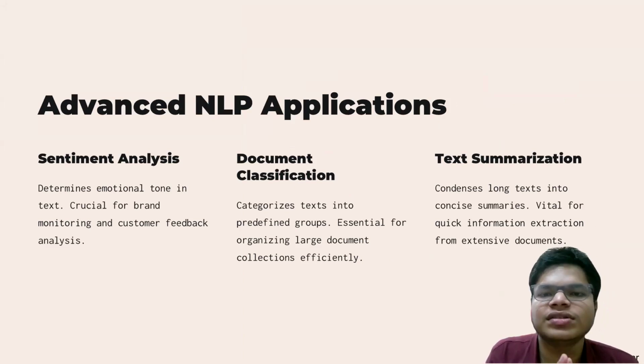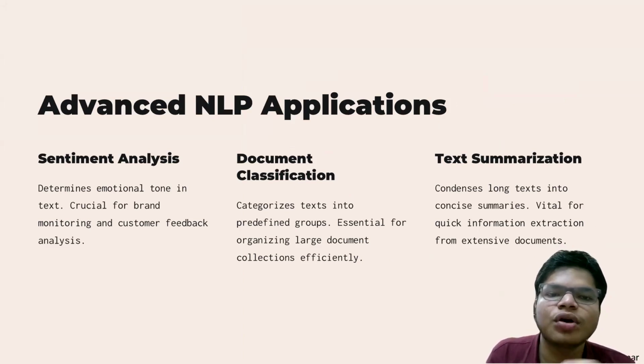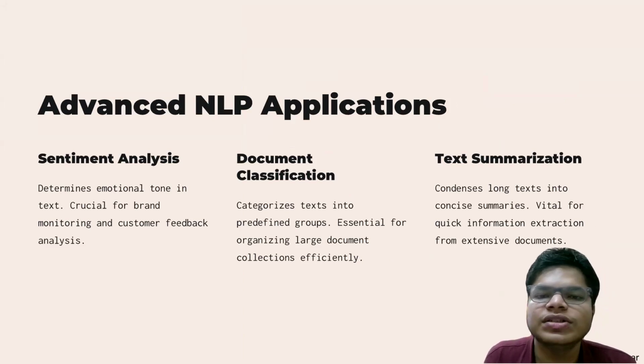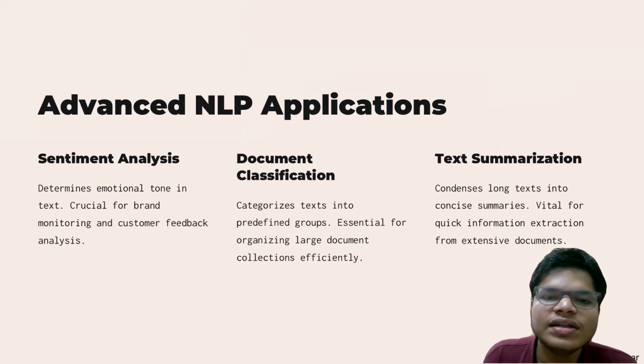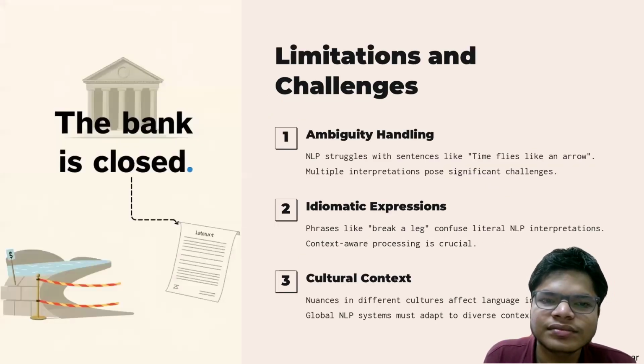Document classification helps organize text, big sets of documents. Text summarization creates shorter versions of long text. These advanced tools are very useful in areas like customer service and data management. Isn't it cool?